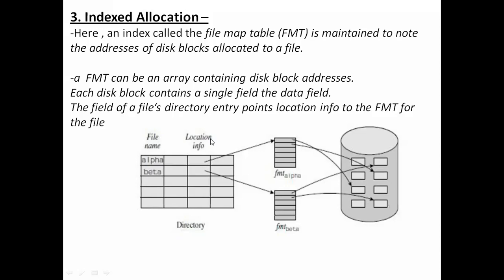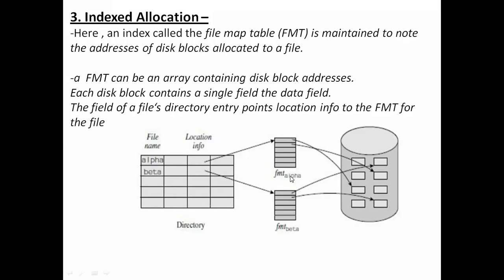Here we need two file map tables, one for each file: one file map table for file alpha, and a second file map table for file beta. An individual FMT table is there for each file.